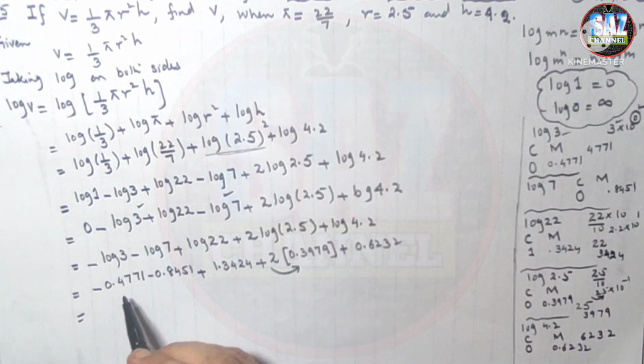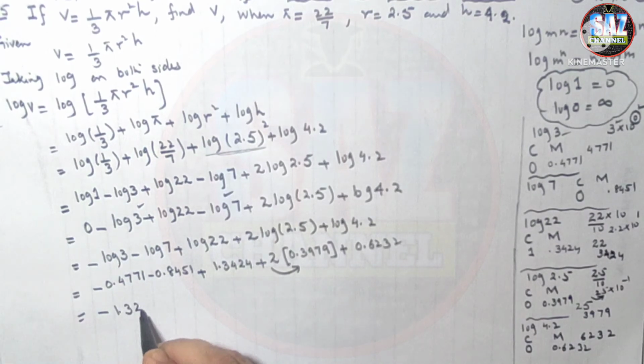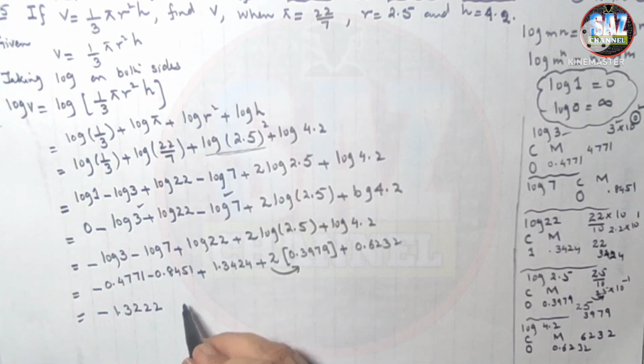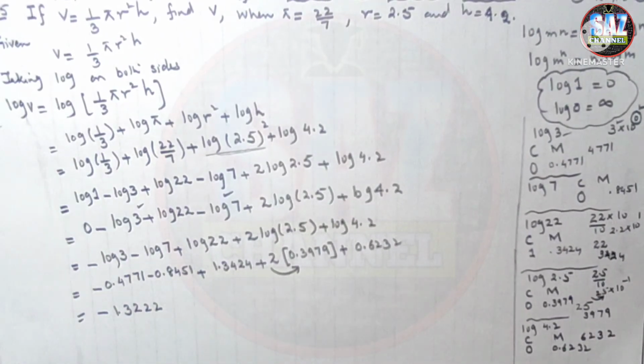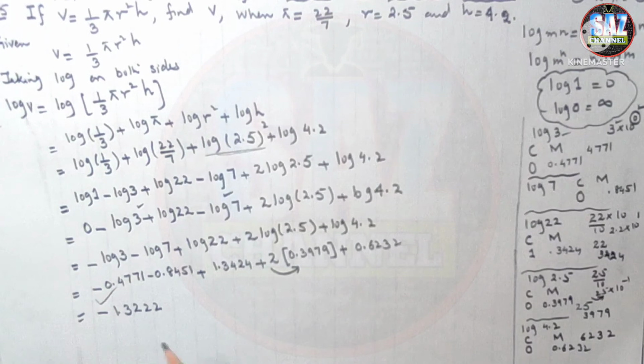In the same step I will be adding up these two negative values, 0.4771 plus 0.8451. This gives me minus 1.3222. Let me confirm the calculation once again. 0.4771 plus 0.8451 gives me 1.3222.